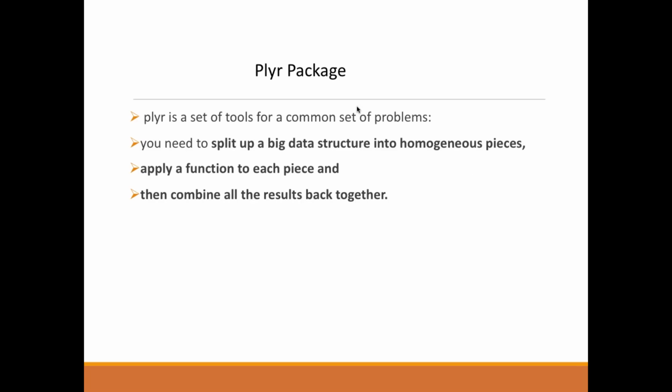So we have different packages in R that actually do this for us. The plyr package was an initial package, and now that's developed into dplyr, but I'm just trying to show where the evolution happened and how we've transformed from one to the other. Now, this package will help to split big data structures into homogeneous groups.